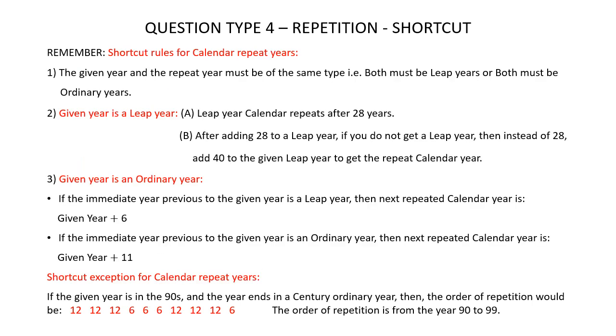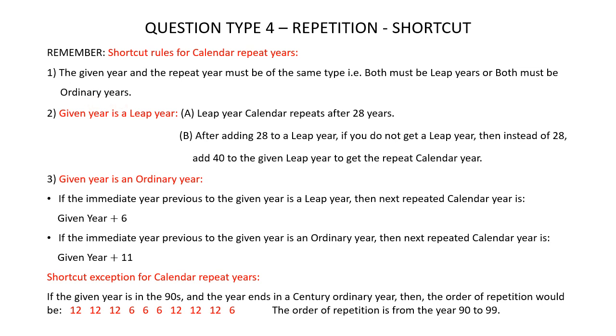So, here is a quick recap of the shortcut rules and the shortcut exception for calendar repeat years. First, let's look at the shortcut rules for calendar repeat years. The given year and the repeat year must be of the same type. That is, both must be leap years or both must be ordinary years.